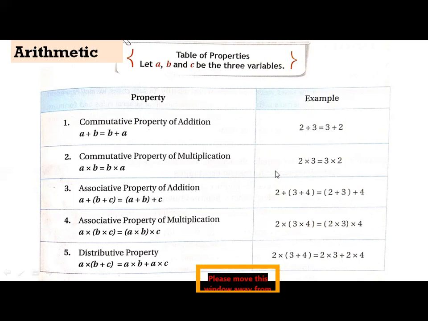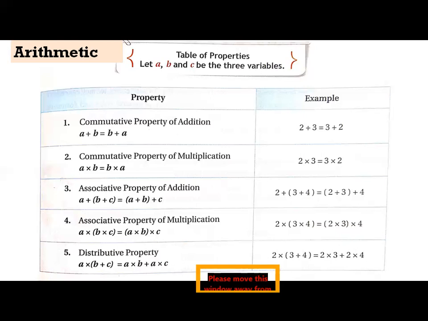The second property is the commutative property of multiplication. a into b is equal to b into a. Similarly, for example, 2 into 3 is equal to 3 into 2. The third property is the associative property of addition. Associative property means adding three or more numbers. a plus bracket of b plus c is equal to bracket of a plus b plus c.